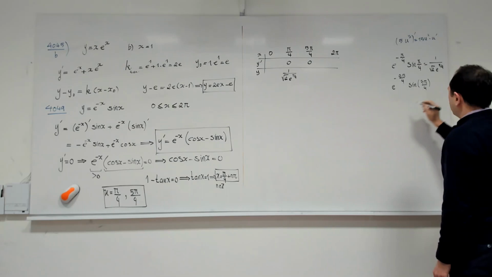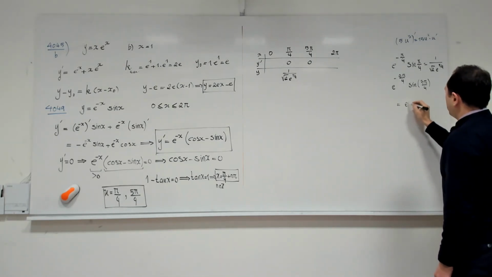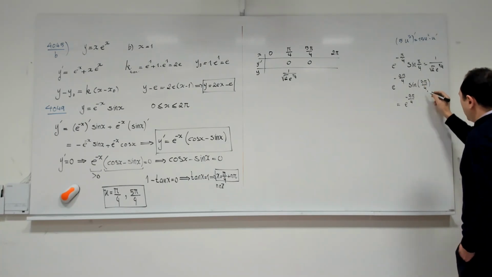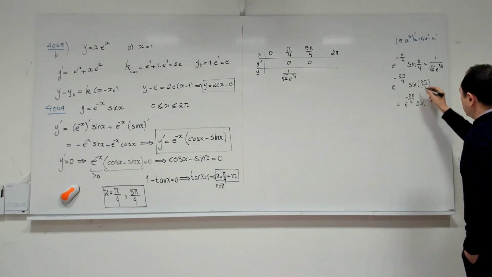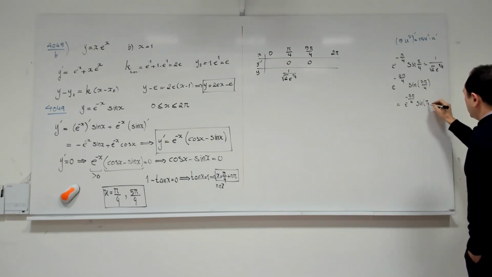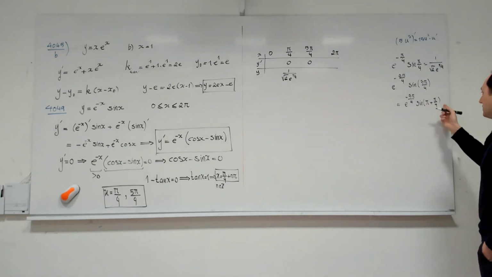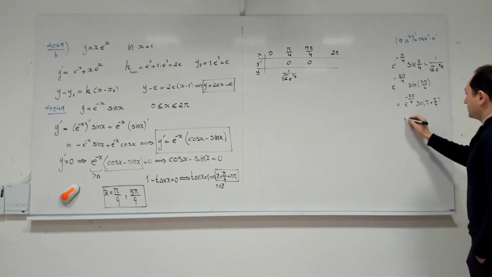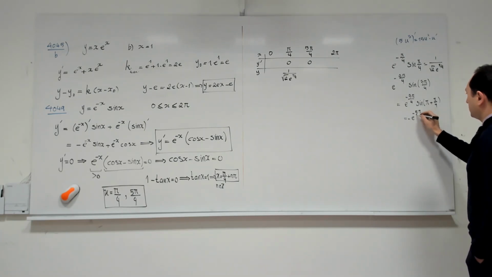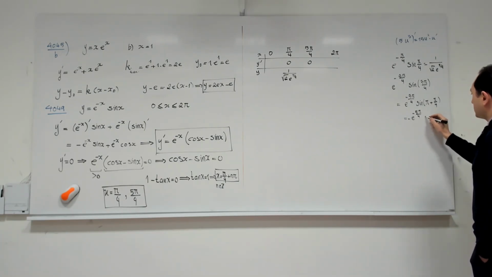This is e to the power of minus 5 pi over 4, but sine of 5 pi over 4, according to what you learned in part 2, chapter 2, is sine of pi plus pi over 4, which becomes negative of sine pi over 4.